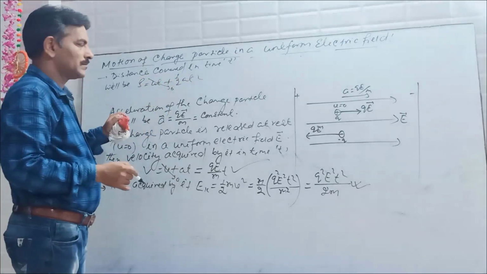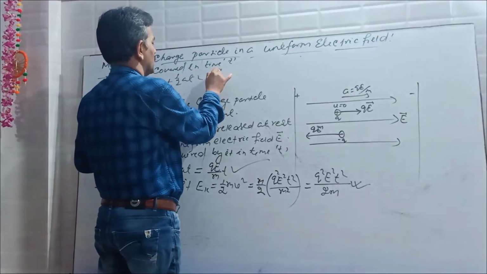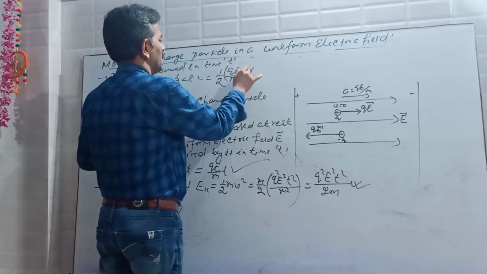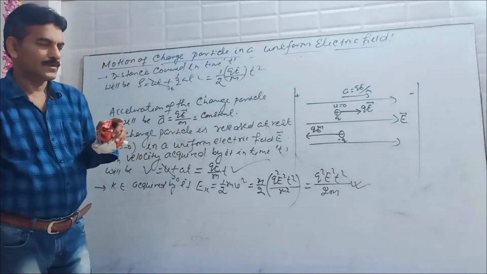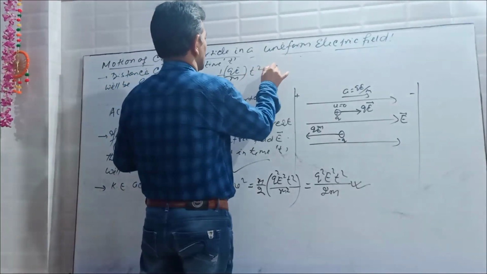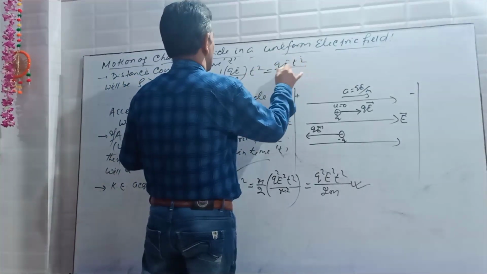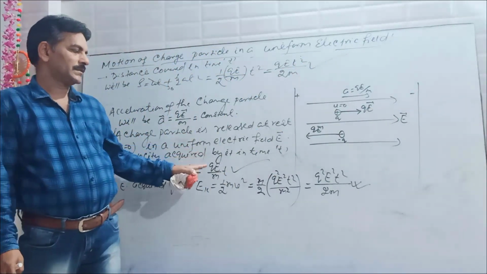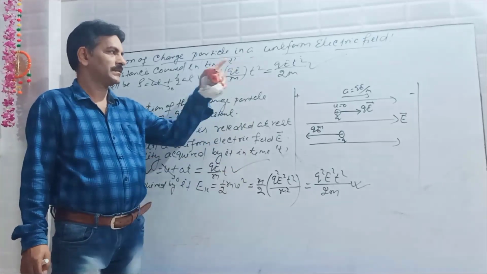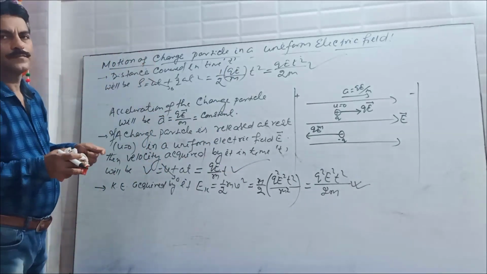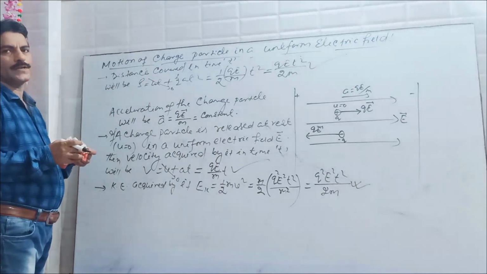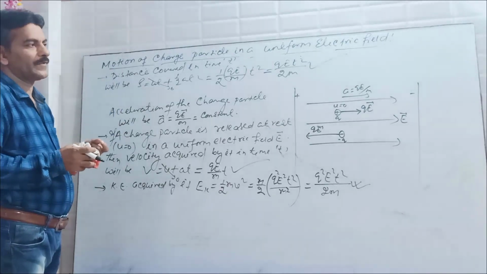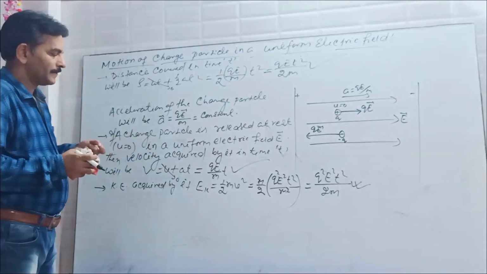So u is 0, half at square. a is how much? QE by m, so half QE by m into t square. So it will be QE t square by 2m. So this is the velocity acquired, this is the kinetic energy acquired, and this is the distance or displacement covered in time t by the charged particle in a uniform electric field having acceleration equal to QE by m. Okay?